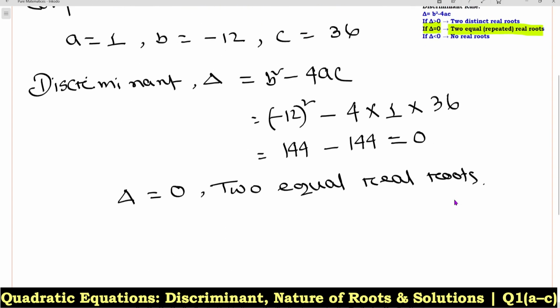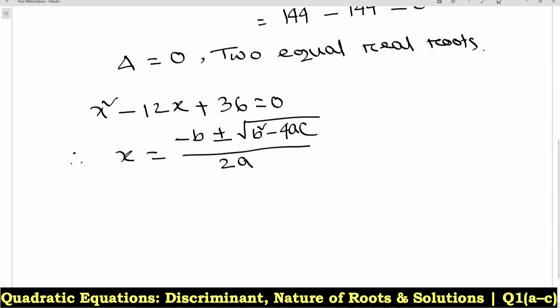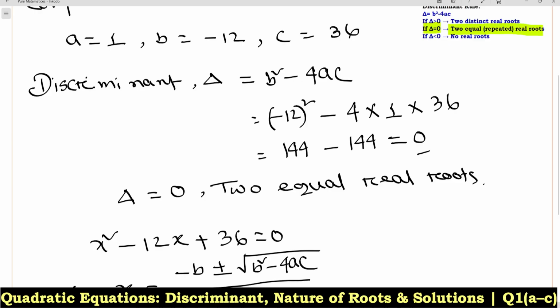Here is ax square minus 12x plus 36 equals 0. We know x equals minus b plus minus root over b square minus 4ac, divided by 2a. Right? So b is minus 12, it means minus and minus 12, and then plus minus root over b square minus 4ac, we already got the value, which is 0.